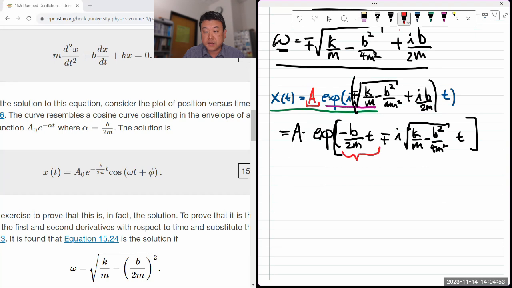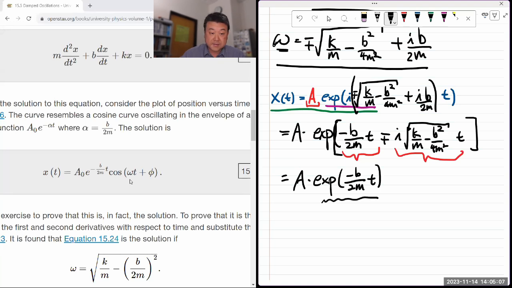I can separate this out on its own and have this as a separate term. I can have a times the real exponential minus b over 2m t. This looks like some kind of exponential decay, and that is exactly this term here. That's the exponential decay term. I even got the coefficients right, which I swear I wasn't looking at when I was doing this.